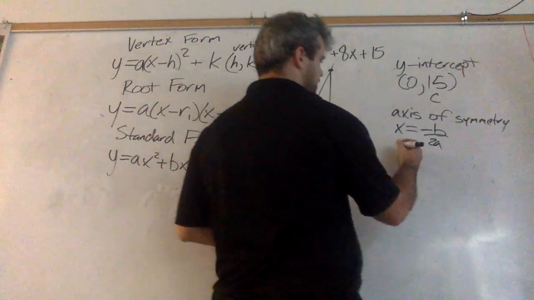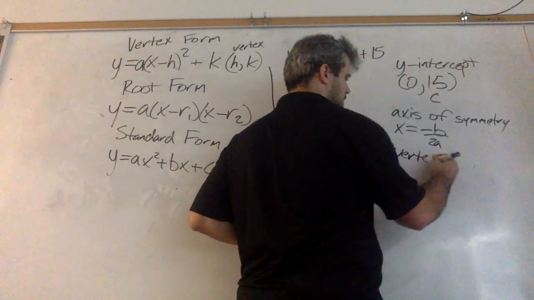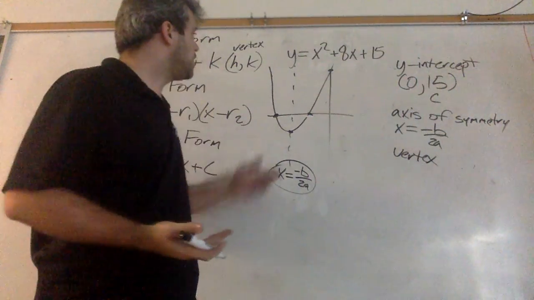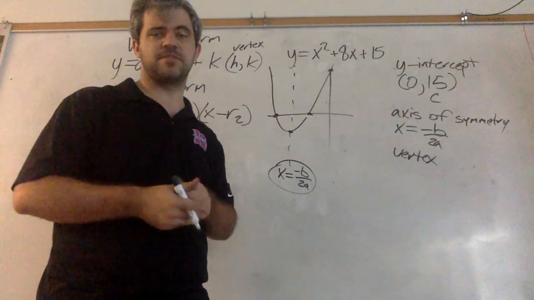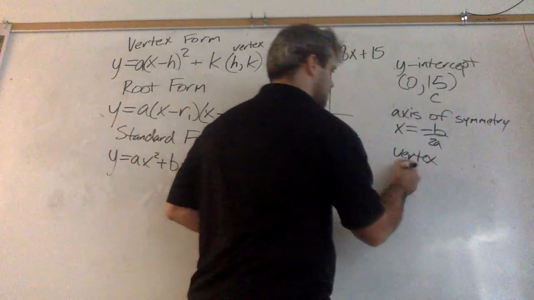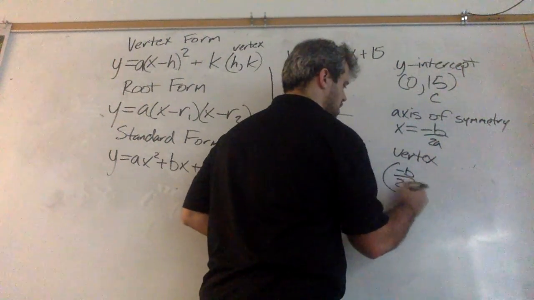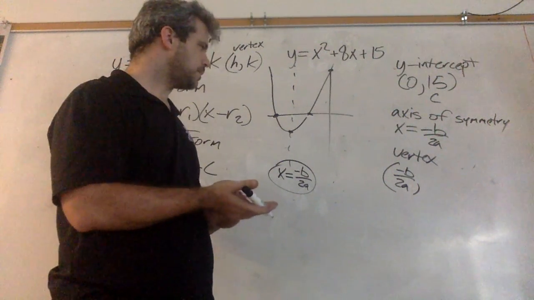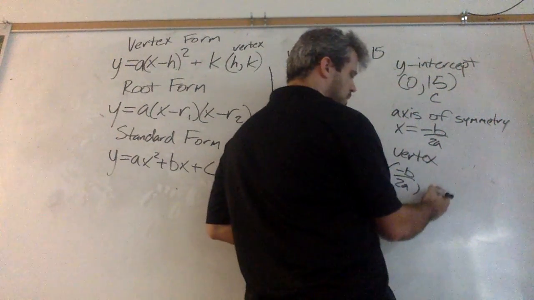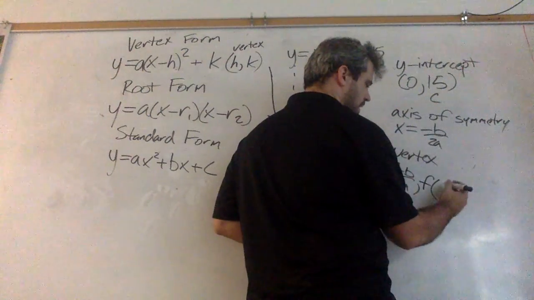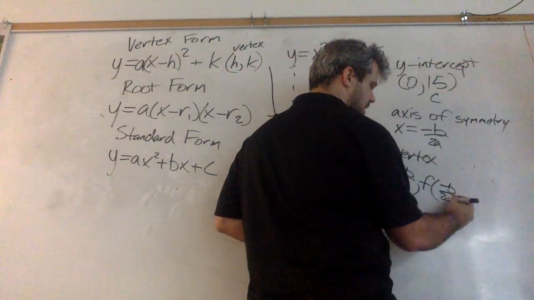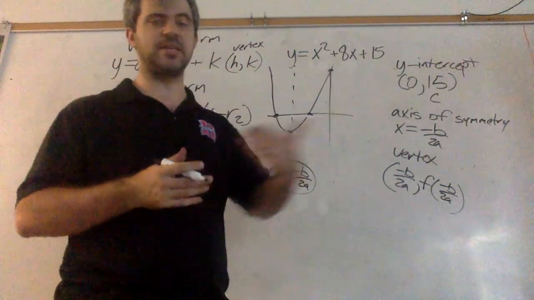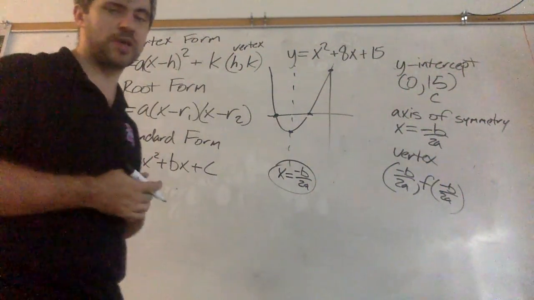Another thing we'd like to find is our vertex, okay? To find our vertex, we know it's going to be on this axis of symmetry, which means the x is going to be negative b over 2a. And we know that the y is going to be what we get when we put negative b over 2a in our equation.